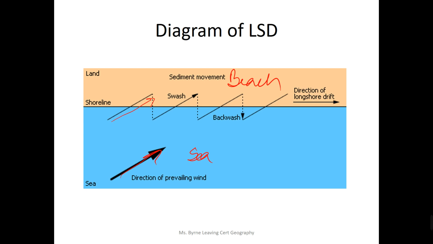And it carries sediment up the shore in the swash. So the swash is going up here. The backwash is going straight back down. Swash, backwash. So all the sediment that's here gets brought up, gets brought back, gets brought up, gets brought back. And eventually, ultimately, that sediment is moved down the coast. And this is the overall direction of Longshore Drift.